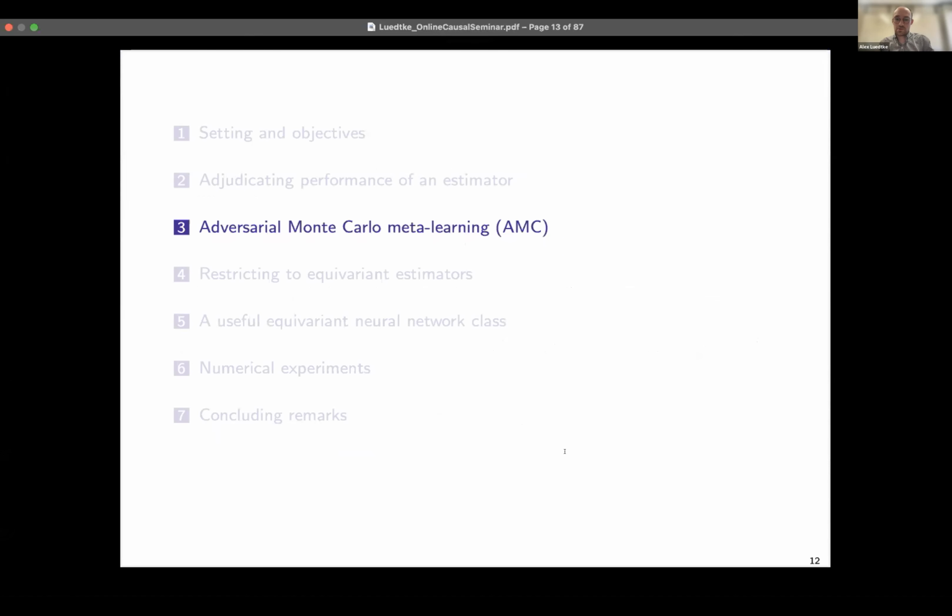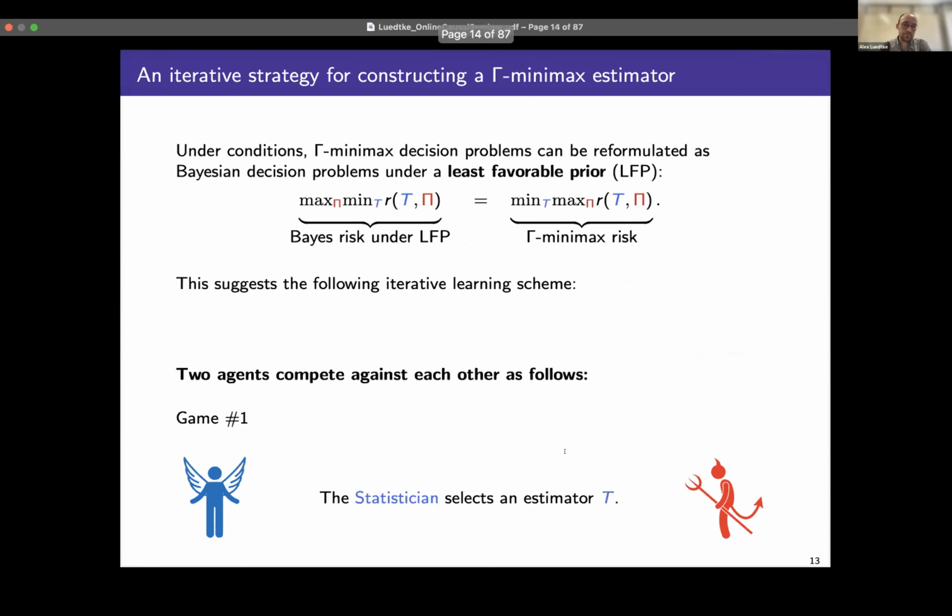Okay, so now I'm going to discuss our approach, which we term adversarial Monte Carlo meta learning. Our approach begins with the following observation, which is similar to things you would see in an early mathematical statistics course when you're learning about minimax estimators.